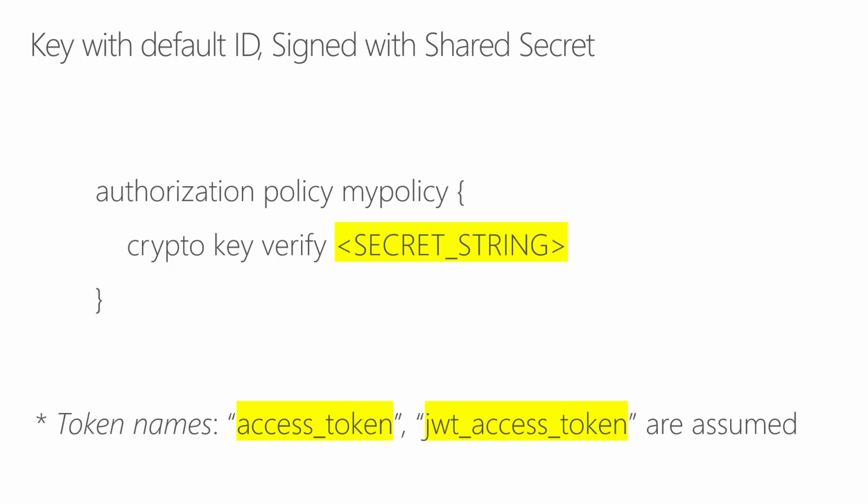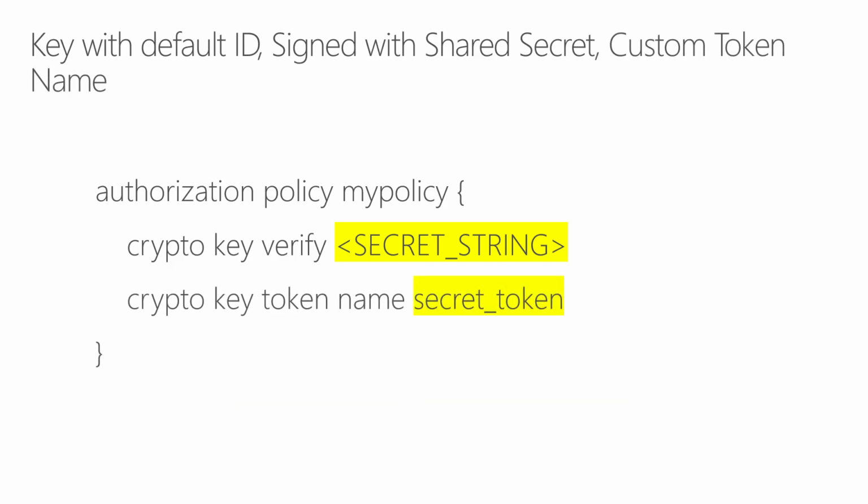In this particular case, you don't specify anything else, and what happens is that the token names used for discovery are the defaults. If you go back to discovery, how we discover the token, you can have access_token and JWT_access_token. Those are default keywords to discover the tokens. So when you have this configuration, access_token and JWT_access_token are assumed, meaning that's part of the configuration.